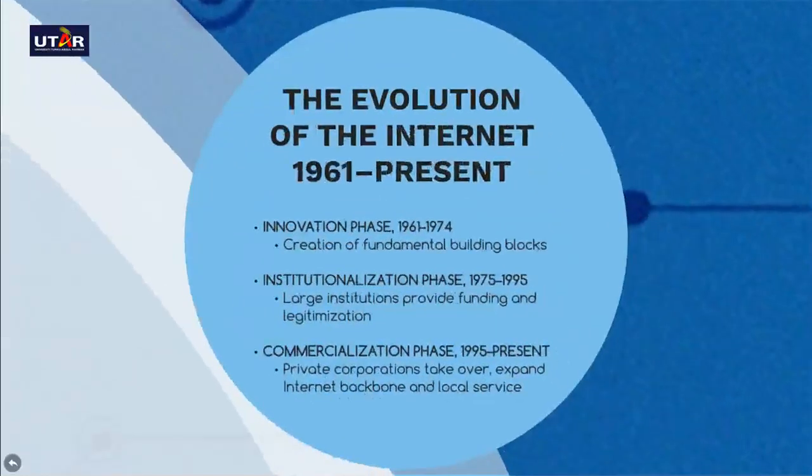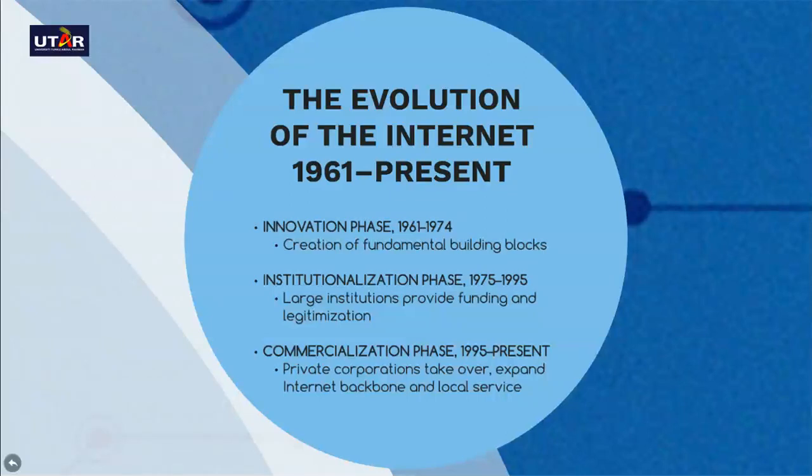So we have to look at the history of the internet, the evolution of the internet from 1961 until the present. At first, in the first stage, called the innovation phase, it starts from 1961 until 1974. It's about the creation of fundamental building blocks.